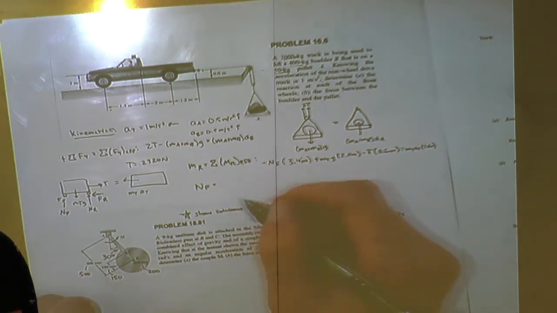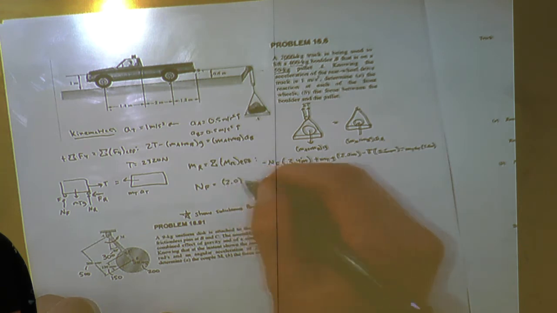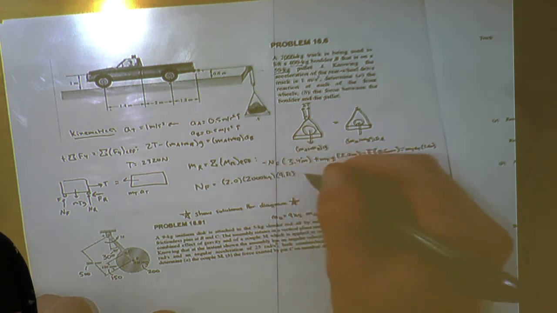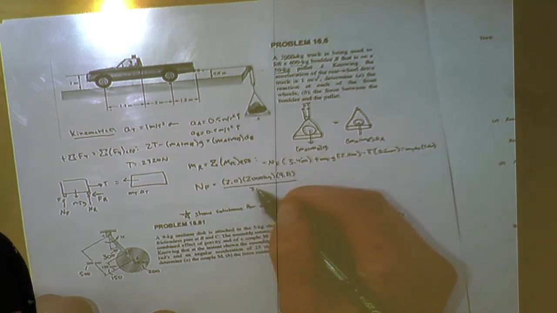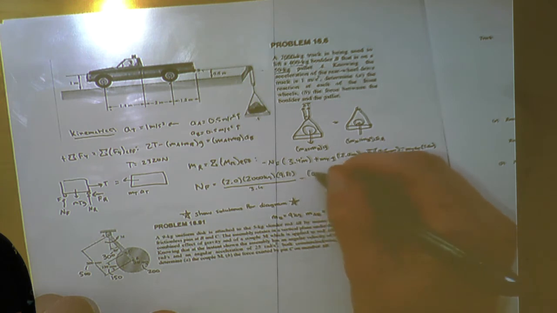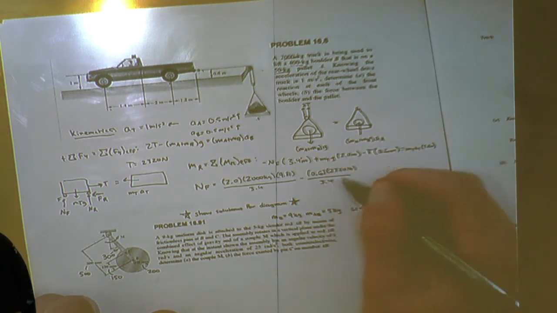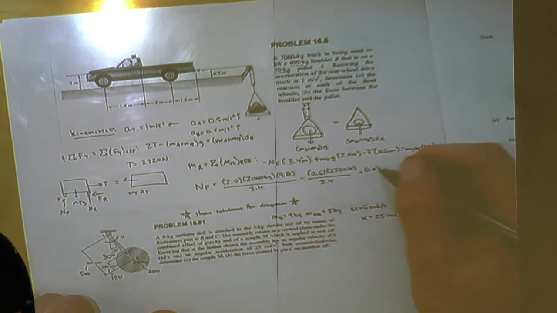So solving for NF: 2.0 meters times the mass of 2,000 kilograms times the gravity 9.81 divided by 3.4, minus 0.6 meters times 2,320 newtons divided by 3.4, plus 1.0 meters times 2,000 kilograms times 1 meter per second squared over 3.4 meters.